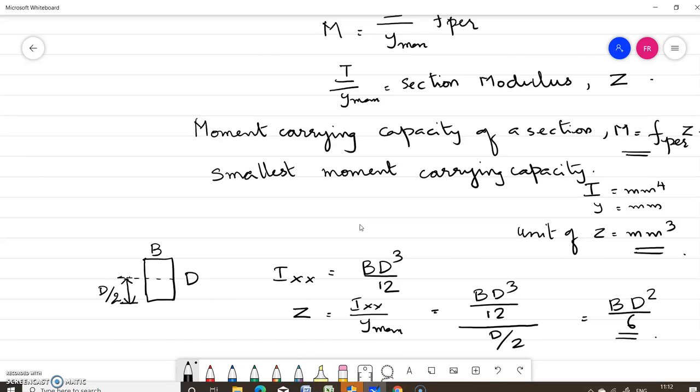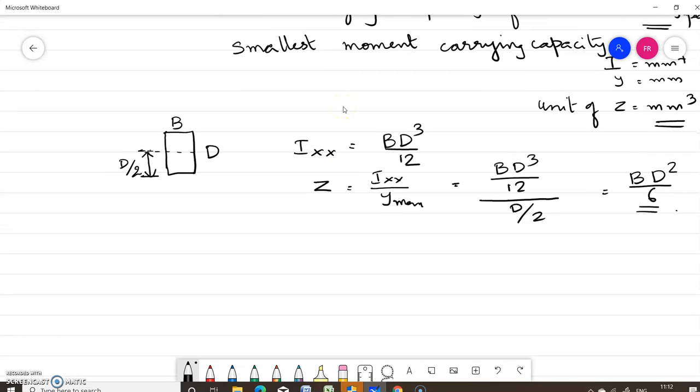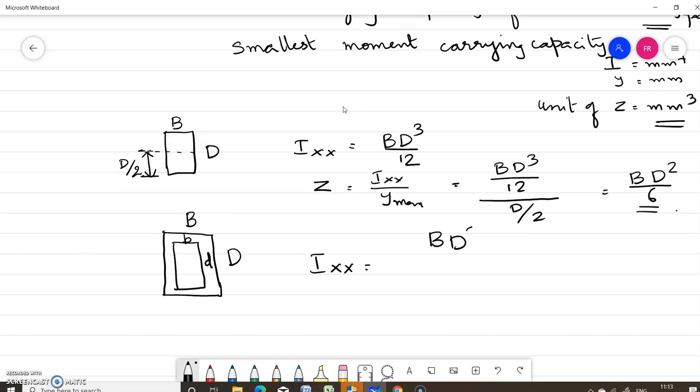Now in the case of a hollow rectangular section with symmetrically placed opening, we can find out the section modulus like this. If capital B and capital D are the external dimensions and small b and small d are the internal dimensions, we can write Ix is equal to B D cube by 12 minus b d cube by 12, divided by D by 2, which is y max.